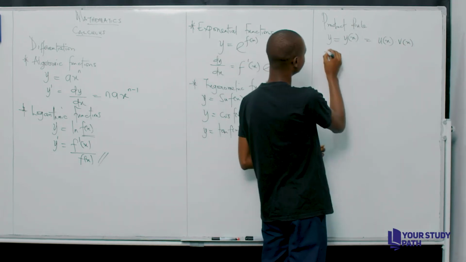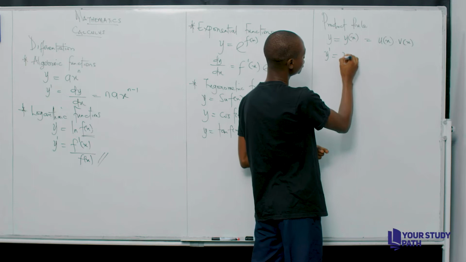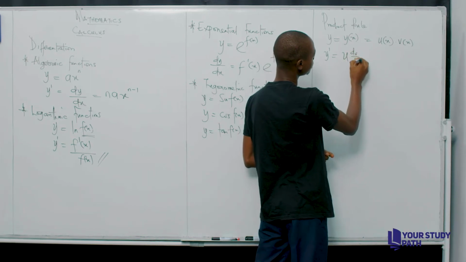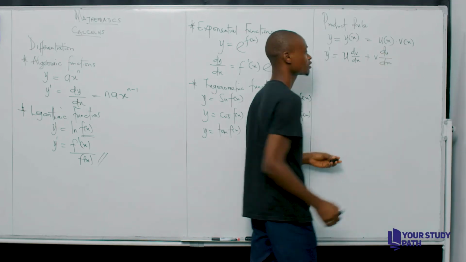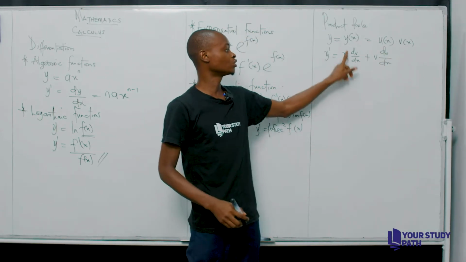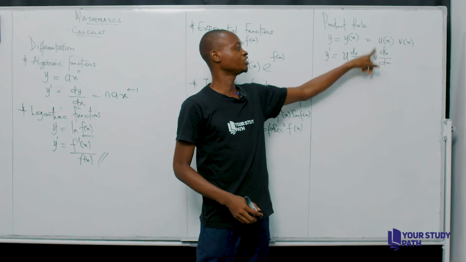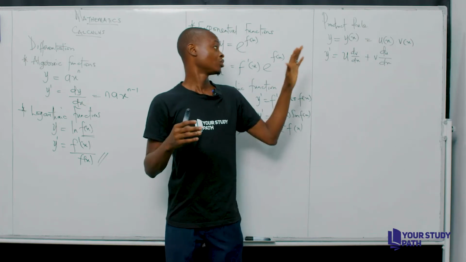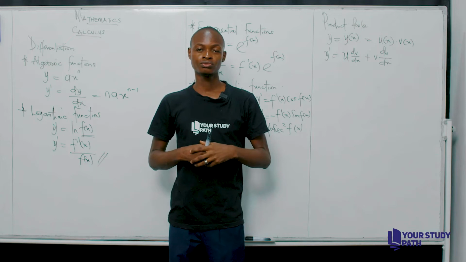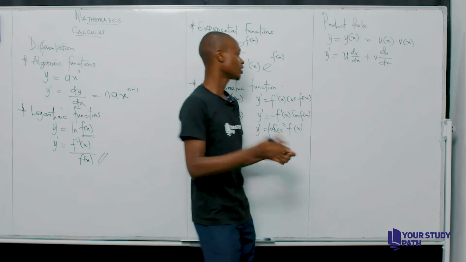If I take the differential, this is simply u dv dx plus v du dx, which means hold u, differentiate v, plus hold v, differentiate u. That is the simple process for the product rule.